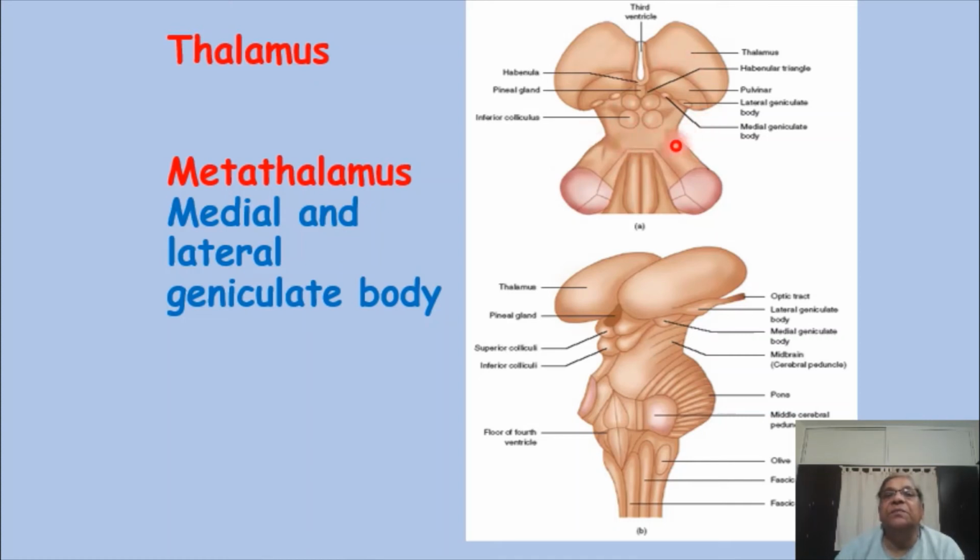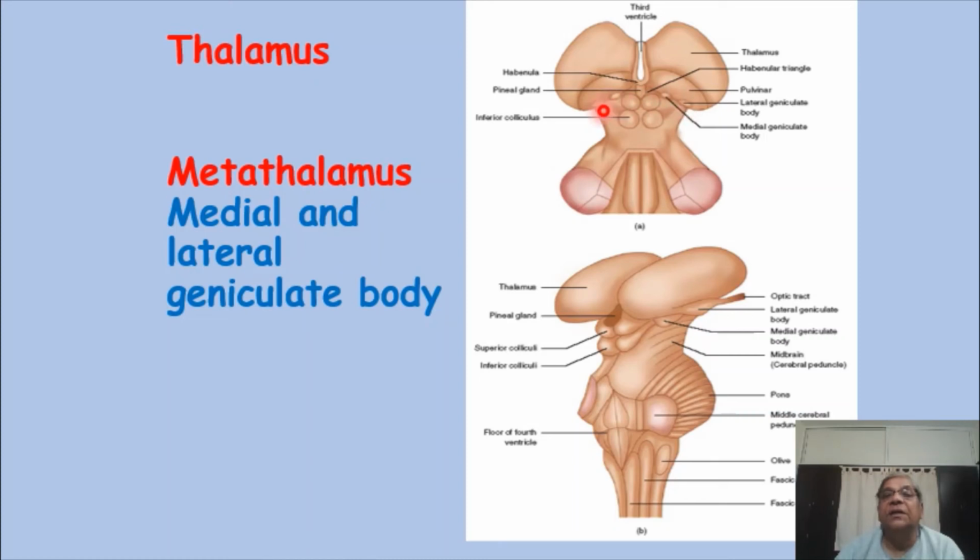This is the midbrain part here where the four colliculi are seen, a pair of superior colliculi and a pair of inferior. Just see the upper and lateral aspect of this. This is the posterior end of the thalamus, which is the overhanging part called the pulvinar. And in this you can see two swellings.